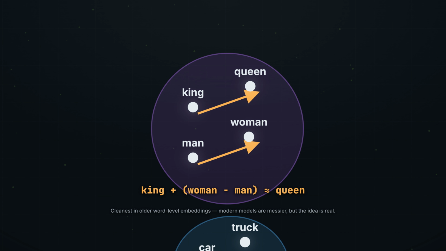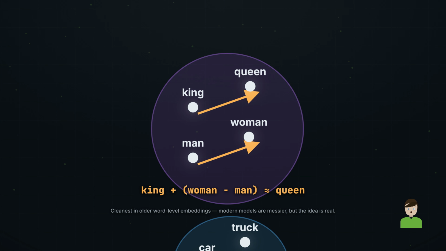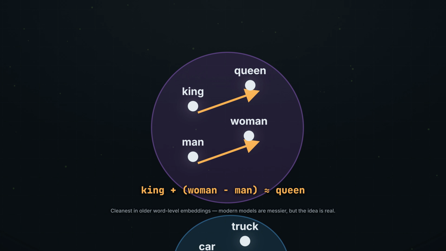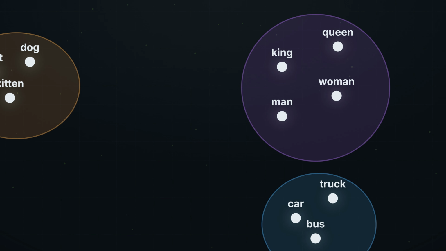The same arrow links countries to capitals, singulars to plurals. Now, full honesty. This is cleanest in the older word-by-word embeddings, and modern models are messier than the neat textbook arrows. But the core idea is real, and it's wild. Relationships between meanings show up as directions in space.